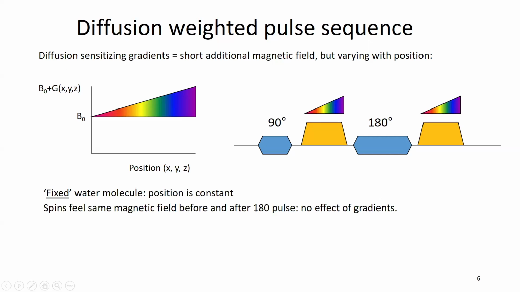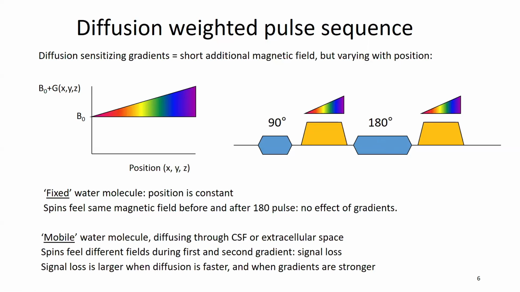So the water spins, the proton spins, always feel the same magnetic field. Some may be feeling the purple field strength during the whole time, both here and here, and actually it doesn't matter. It is as if nothing happens, and there's no effect of these gradients.